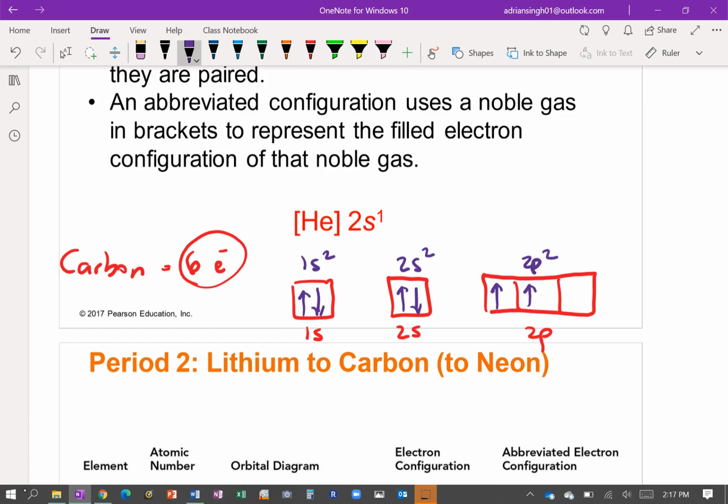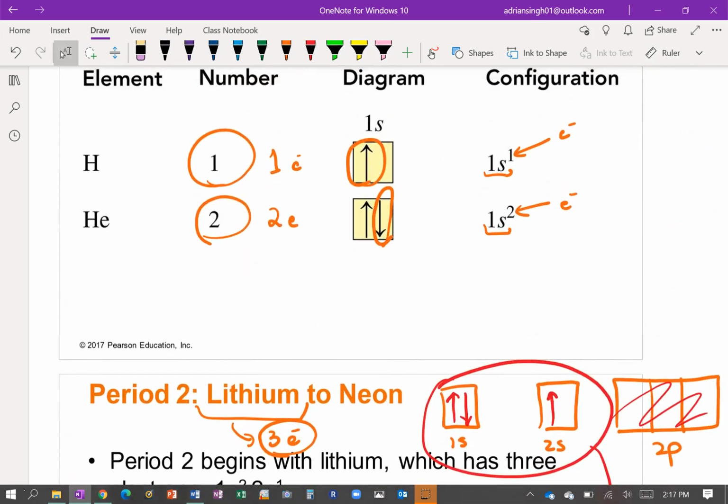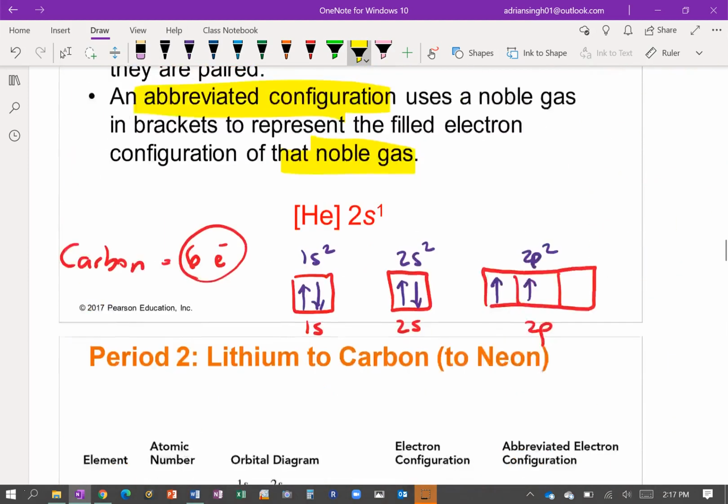Sometimes you'll see a shortcut used to represent your electron configurations, where we use what's known as the noble gas configuration or the abbreviated configuration. What we do is we put the electron configuration of the noble gas, which is in group 8, in square brackets. Right, so if we go back up here, we can see helium, which is a noble gas, has electron configuration 1s2.